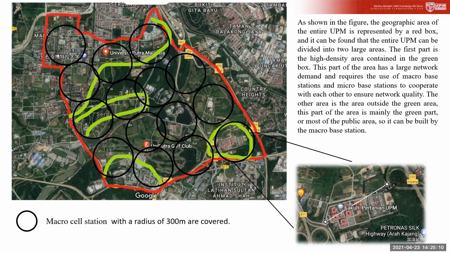The first part is the high density areas, and this part has a large network demand and requires the use of micro base stations and small cell base stations to cooperate with each other to ensure the network quality. The other area is mostly public areas, so it can be covered by micro base stations. The black circle is a micro cell station with a radius of 300 meters covered.